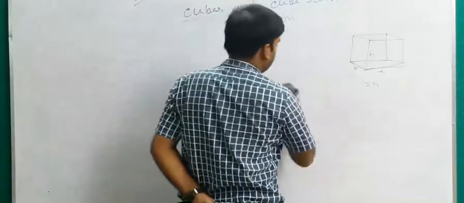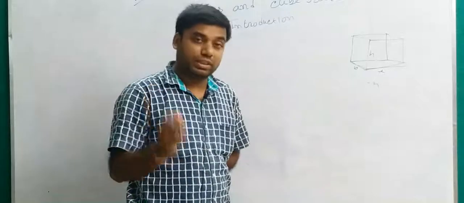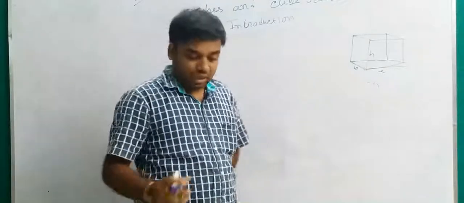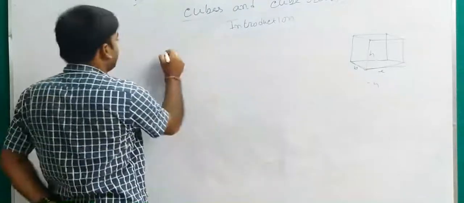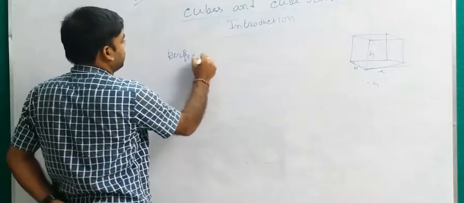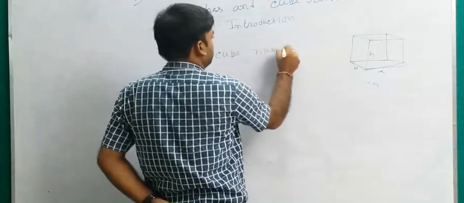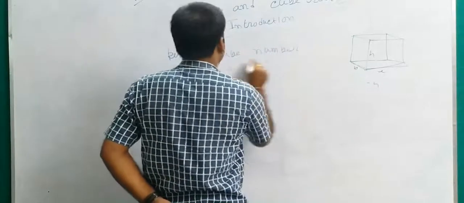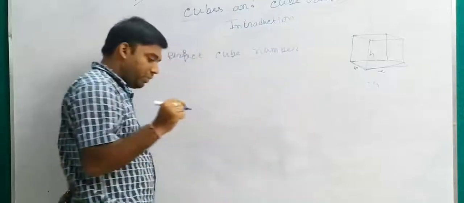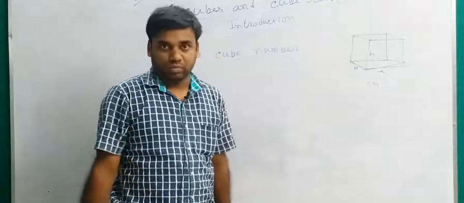What is a perfect cube number? Perfect square number I have discussed in the previous chapter. Perfect square number means the factors are in pair form.